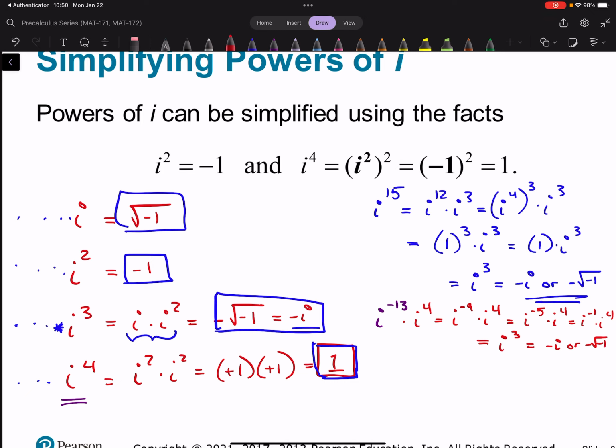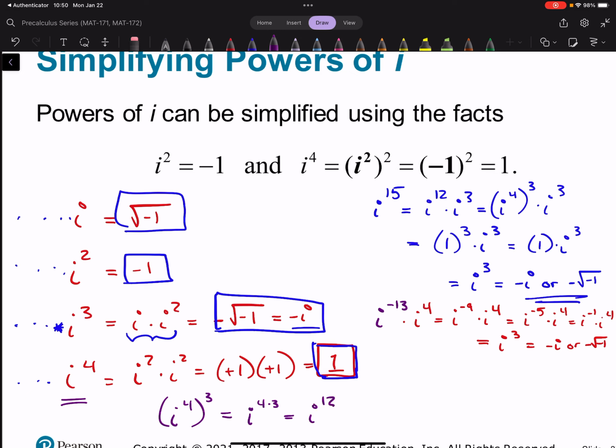Now there's another way we can do that, and that's just to multiply by powers of i to the 4th. What I mean by powers of i to the 4th is, if I have i to the 4th and I raise it to the 3rd power, I actually end up multiplying the exponents here.